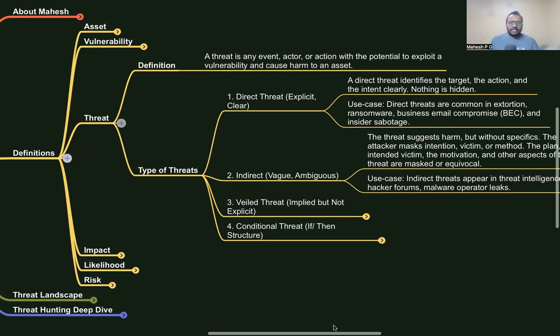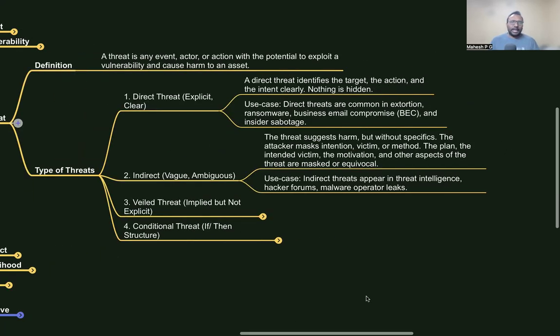Then an indirect threat is vague or ambiguous, like talk on a dark web forum or a hacker forum that an attack is going to happen in the retail sector, financial sector, or fashion industry. It is not clear who is going to be attacked or what methodology is being used.